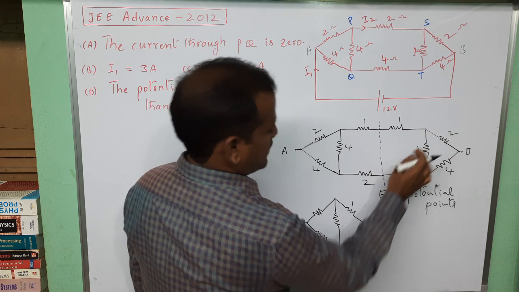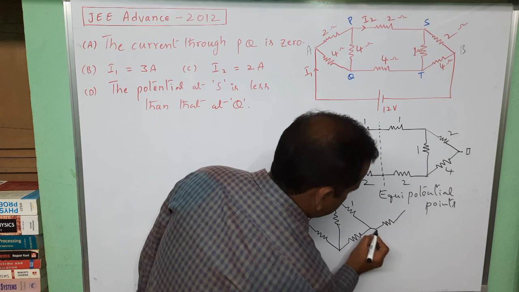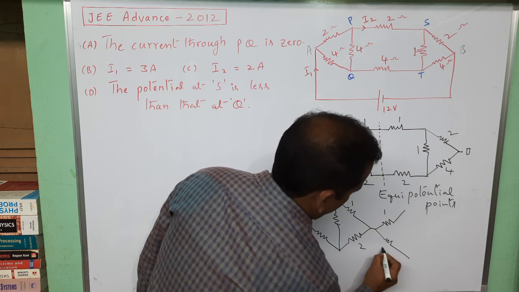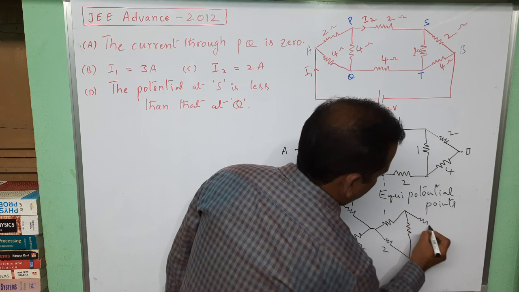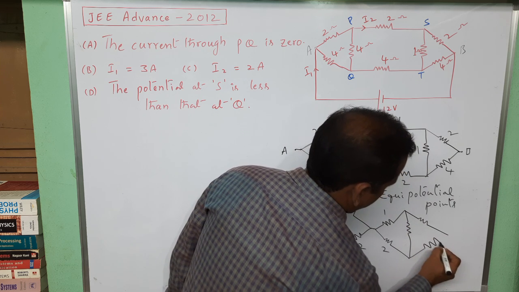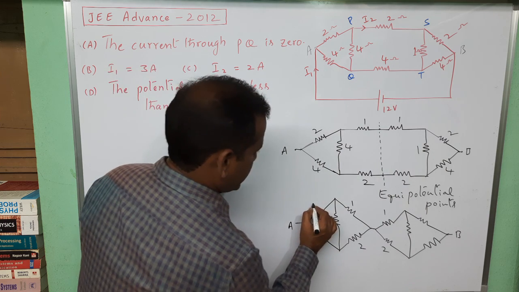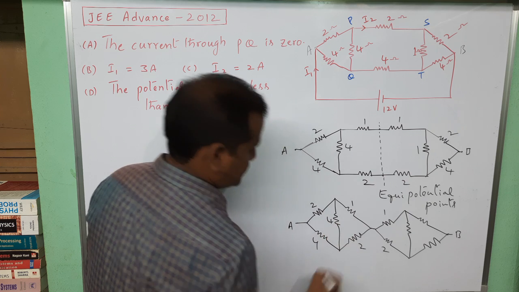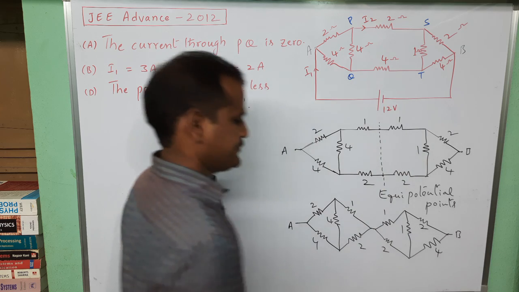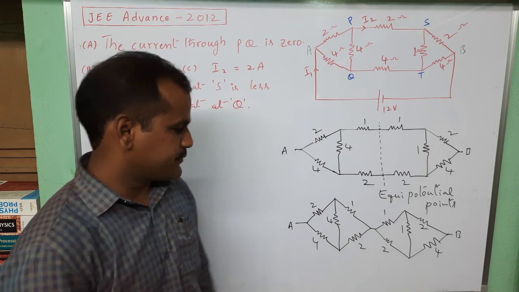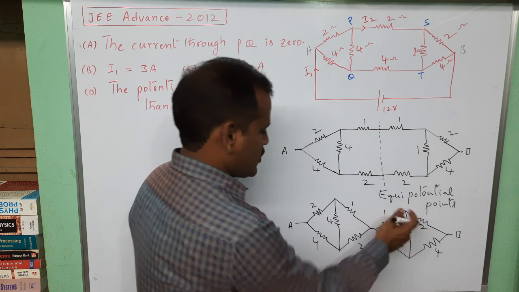And this 1 ohm, 2 ohm will be connected like this. Remaining circuit as it is. This is B, this is A. So the remaining resistor values 2, 4, 4 and here 1, 2, 4. If we observe this circuit, this is a Wheatstone bridge and this is also a Wheatstone bridge. 2 Wheatstone bridges we can observe here.